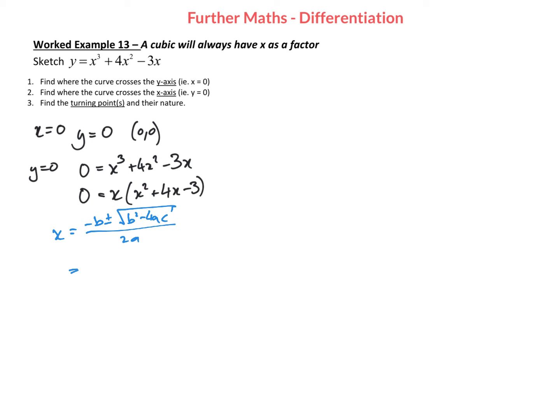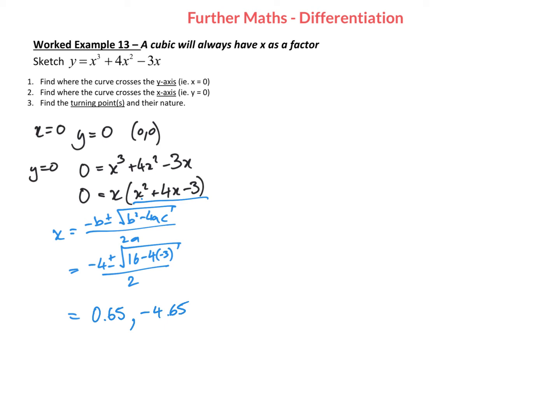So for this quadratic, that's minus 4 plus or minus the square root of b squared, which is 16, take away 4 times minus 3 times 1, all over 2a. So a is 1, so 2. And we're going to get two solutions, one with a positive answer and one with a negative answer. The first solution is that x is 0.65, and the second is that x is minus 4.65.